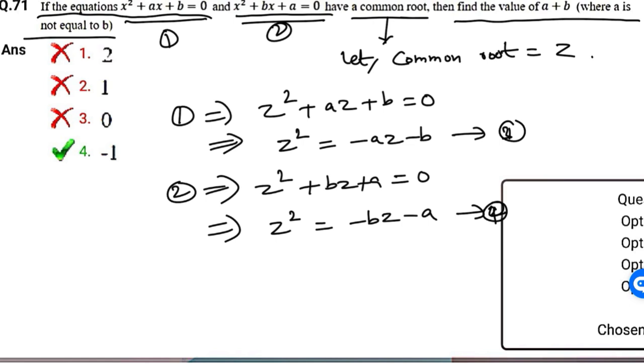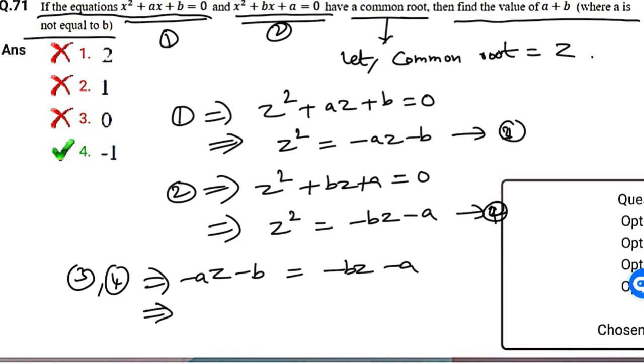From 3 and 4 we have z square values equal. So it becomes minus az minus b is equal to minus bz minus a. Let's simplify this. It becomes z into minus a plus b is equal to minus a plus b.